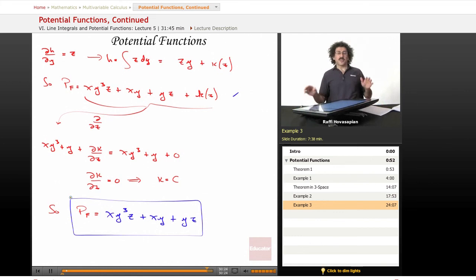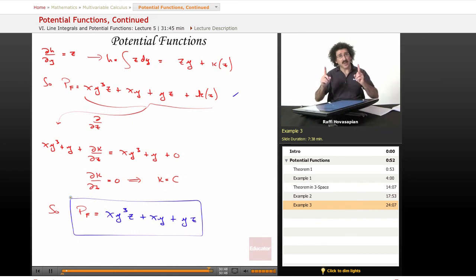So once we know that certain hypotheses are satisfied, we can go ahead and start to construct this potential function. And we do it by integrating one variable at a time. We take the first coordinate function, integrate with respect to x. We get our potential function. We differentiate that with respect to the next variable, which is y, and we set it equal to the second coordinate function.